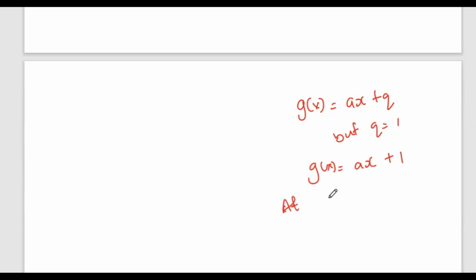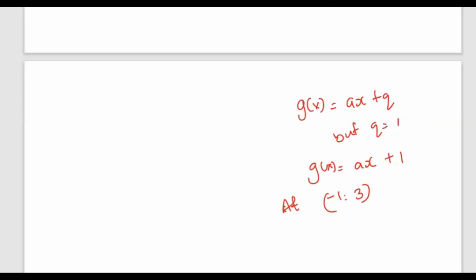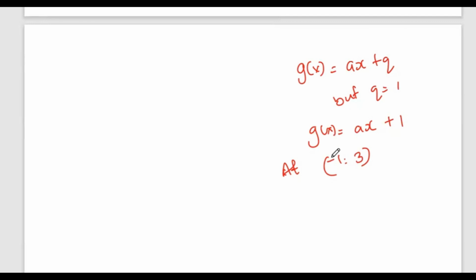Then at a point of negative 1 and 3, I'll do my substitution. Remember, G of X represents Y. So 3 is equal to A, which I don't know, but my X is negative 1. So negative A plus 1. Move the 3 that side.